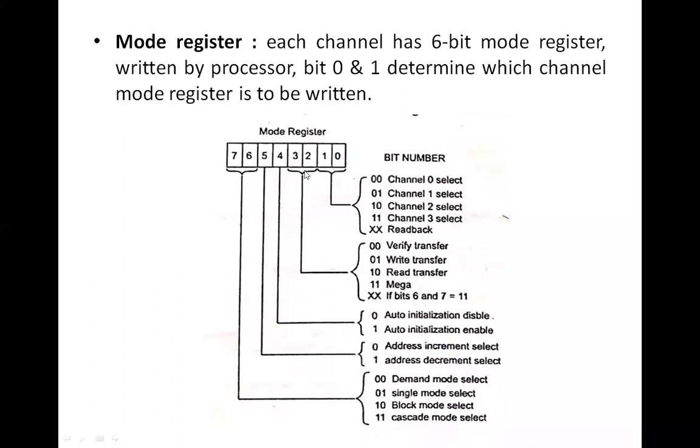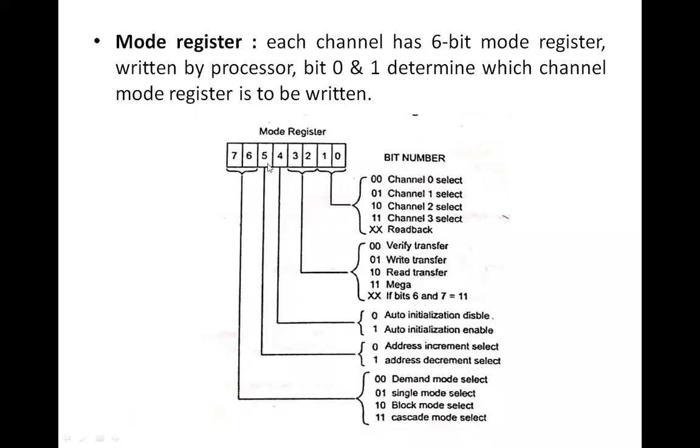Bit number 2 and bit number 3 carry the information about what kind of transfer type it is, whether it is a verify transfer, a write transfer, a read transfer, or an illegal transfer. Bit number 4 decides whether auto initialization is enabled or disabled.